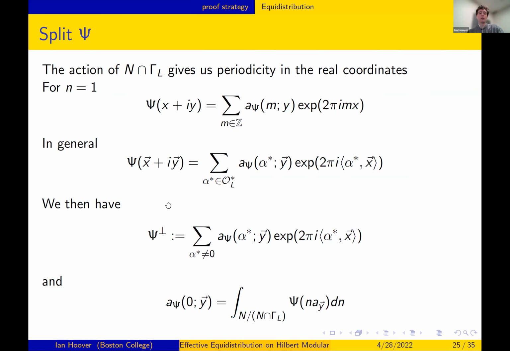So then you can look at the function for the non-zero elements of the dual lattice, and that corresponds to the part of the function that's not invariant under translation in the real coordinates. And then what you're left with is simply the 0th Fourier coefficient, which just corresponds to the integration of the function over the action of the unimodular group mod the lattice.